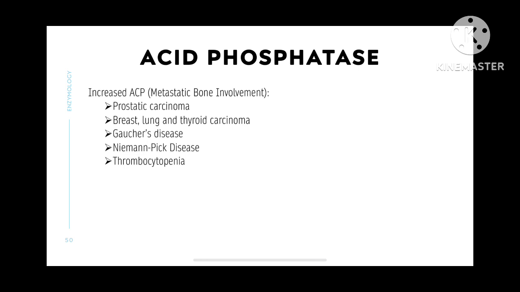Because of ACP activity in platelets as well, elevations are observed when platelet damage occurs, as in the thrombocytopenia resulting from excessive platelet destruction from idiopathic thrombocytopenic purpura.